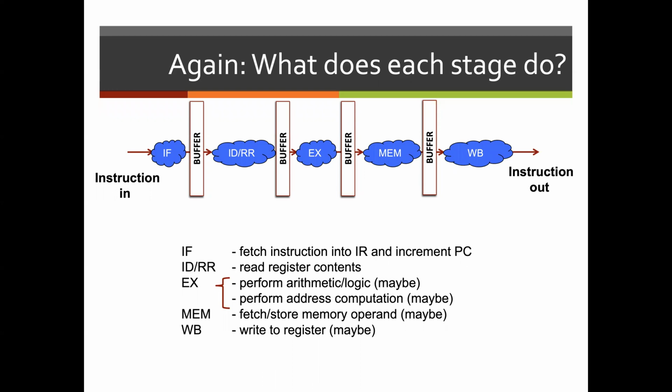And with our memory stage, we're going to fetch and store the memory operand and be able to write to the register if needed. And so we'll take into consideration appropriate data path elements that are needed in order to propagate the contents of our buffers between the stages appropriately.